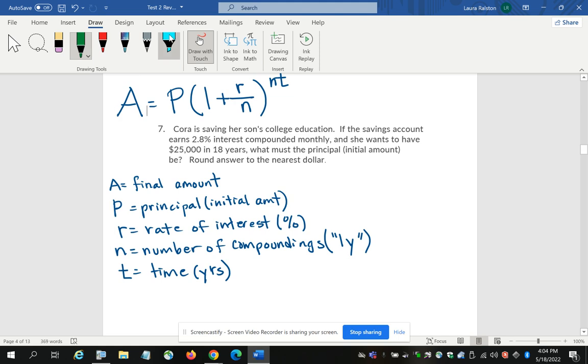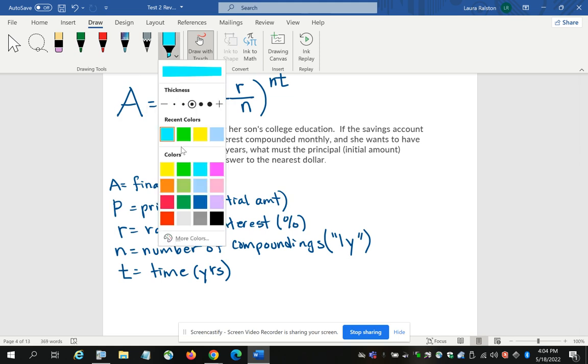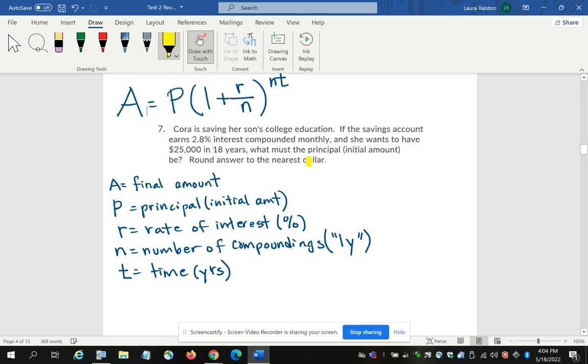Okay, so we start out, and the second sentence, it says, if the savings account earns 2.8% interest. Okay, so it clearly lets me know that the rate of interest is 2.8%. We do need to convert that to a decimal.